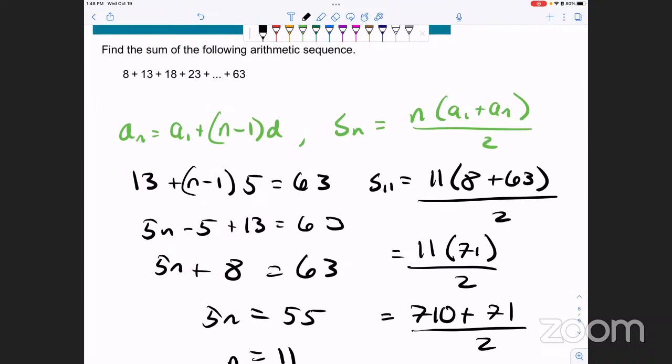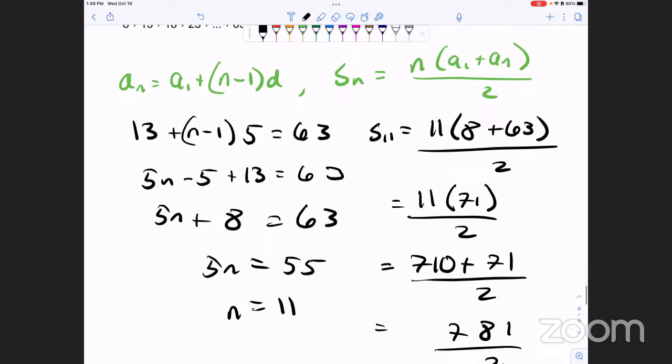Let me see. Common difference is 5. Okay, 5n minus 5. It's a positive 8. Subtract 8. Hey Siri, what's 63 minus 8? 63 minus 8 is 55. And that's 11.